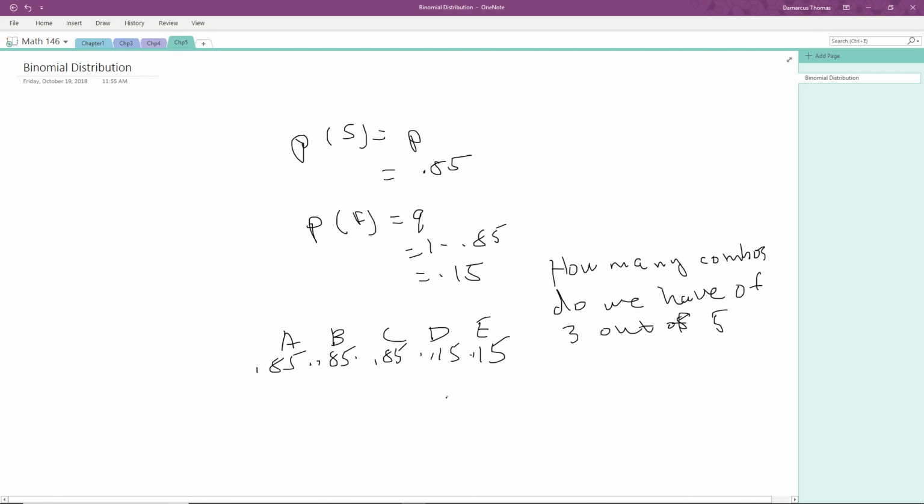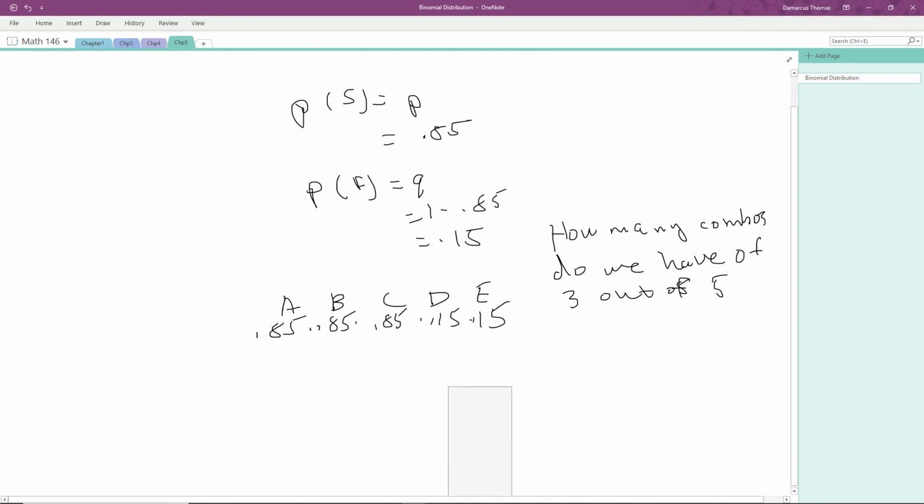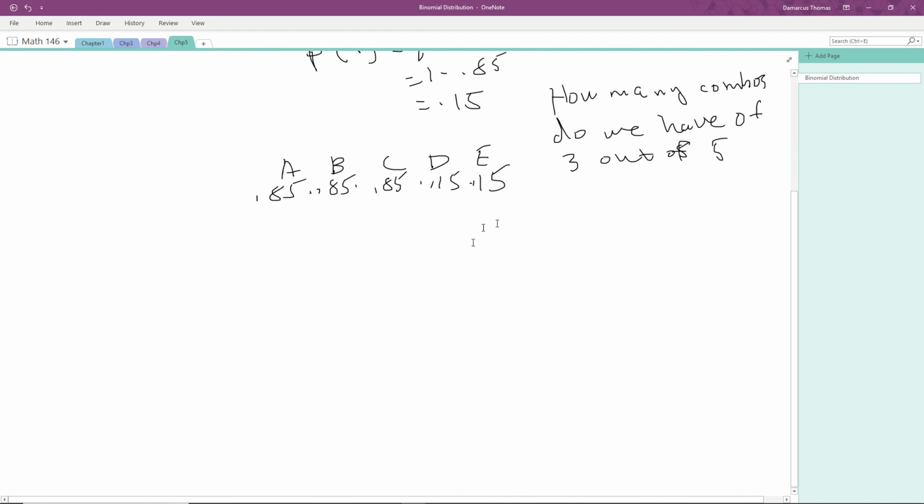And so, let's see if we can chart them out really fast. This is actually a pretty important problem. If I could list out all 3 out of the 5, and they'll be considered successes.